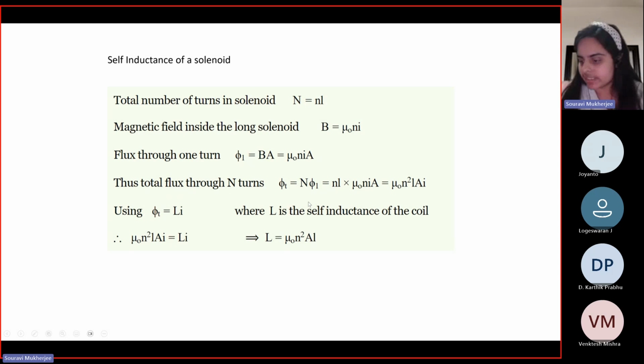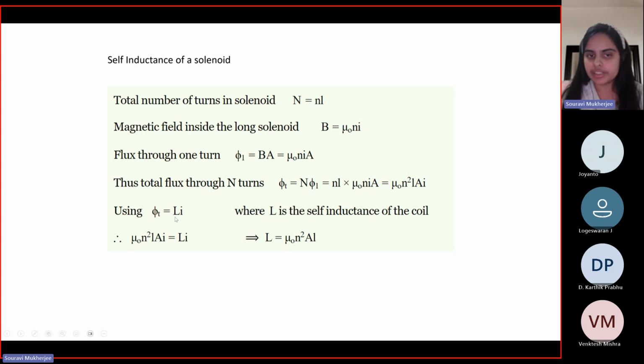Now, self-inductance is basically the constant of proportionality that relates the flux to the current flowing through your coil. If you have some current flowing through your coil, there'll be magnetic field lines because of that. How is the flux related to the applied current flowing through the coil? This proportionality constant is your self-inductance, okay?